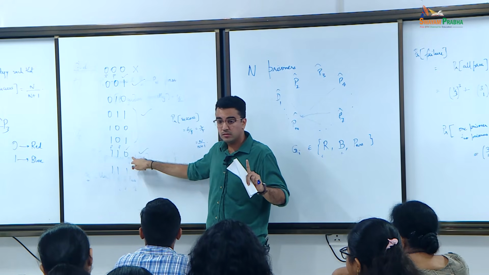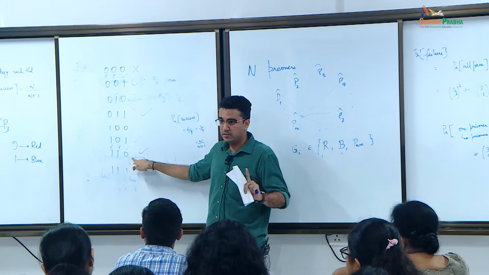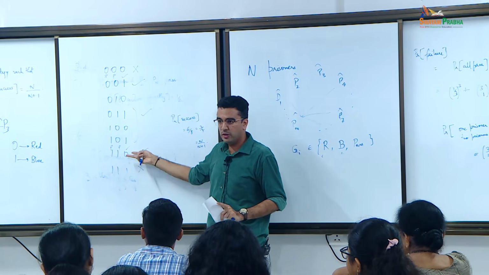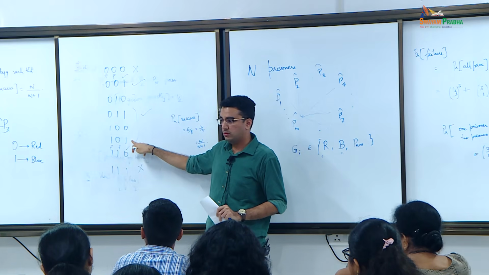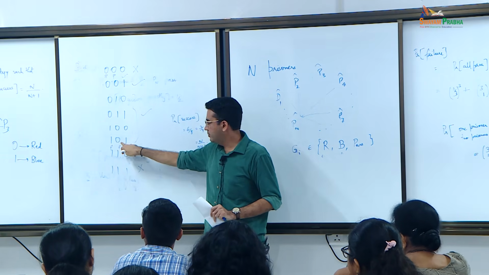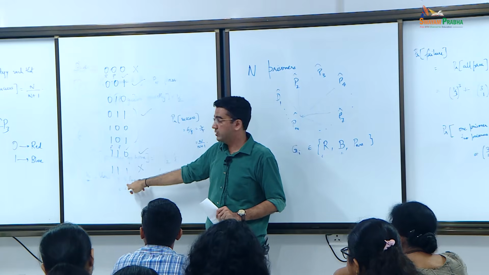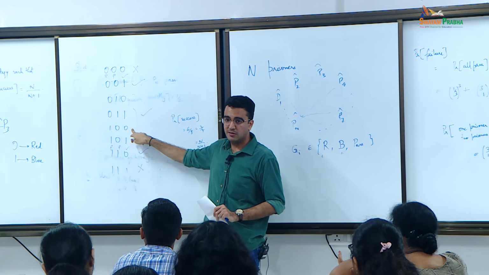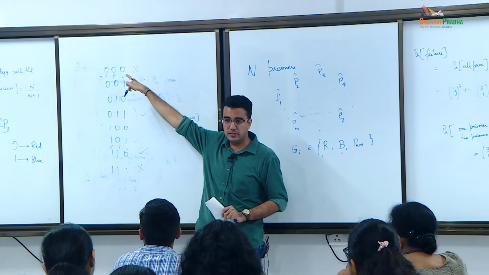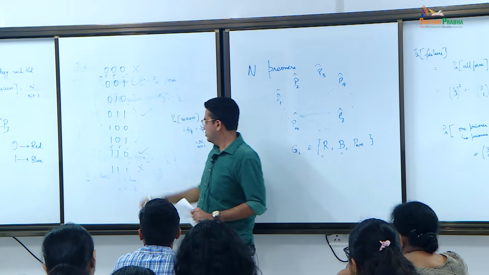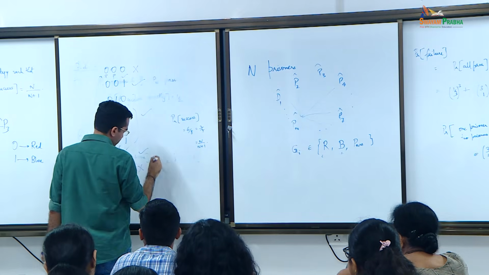Which bit is that? The last bit. So you flip this from 0 to 1, you get a bad configuration. Here, you flip the middle bit from 0 to 1, you get this configuration. Here, you flip the first bit and you go here.